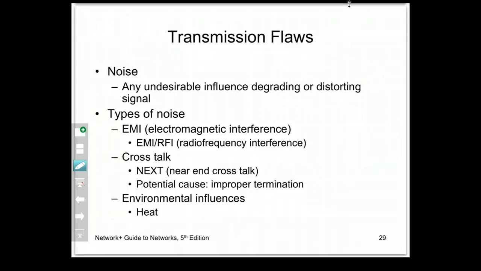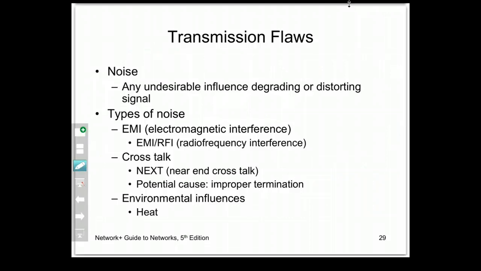And the types of noise: EMI, which is electromagnetic interference, already mentioned, and RFI, which is radio frequency interference. A lot of your remotes still use radio frequency to remote your TV, to remote your garage door, still around.